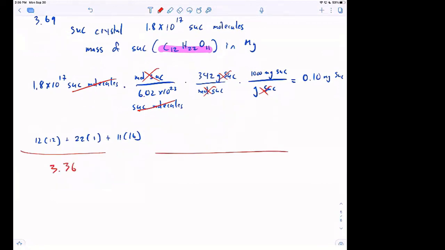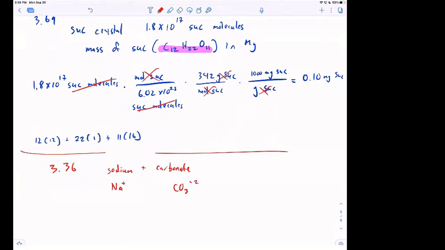3.36. What's the compound that forms between sodium and carbonate? So sodium is an alkali. It's going to form a +1 charge. Carbonate, you look up, and it's -2.